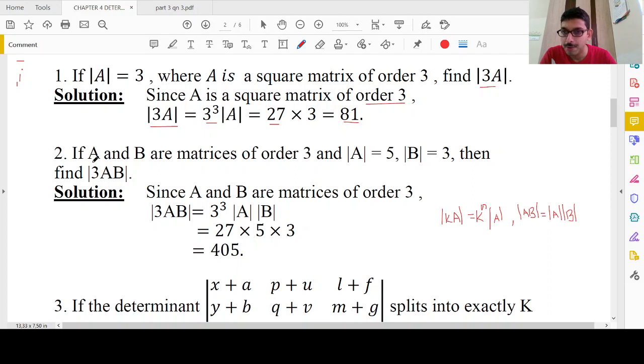Now to the second problem: if A and B are matrices of order 3 and determinant of A equal to 5, determinant of B equal to 3, then find determinant of 3AB.